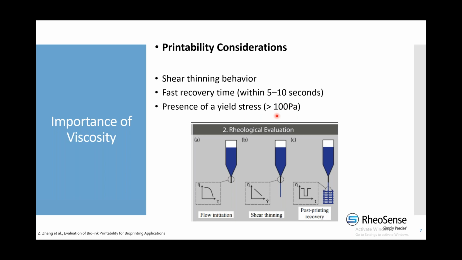Recovery time is defined as the time required for transition back to the original properties prior to being injected, because after injection or deposition, it is important for the material to regain the original properties.